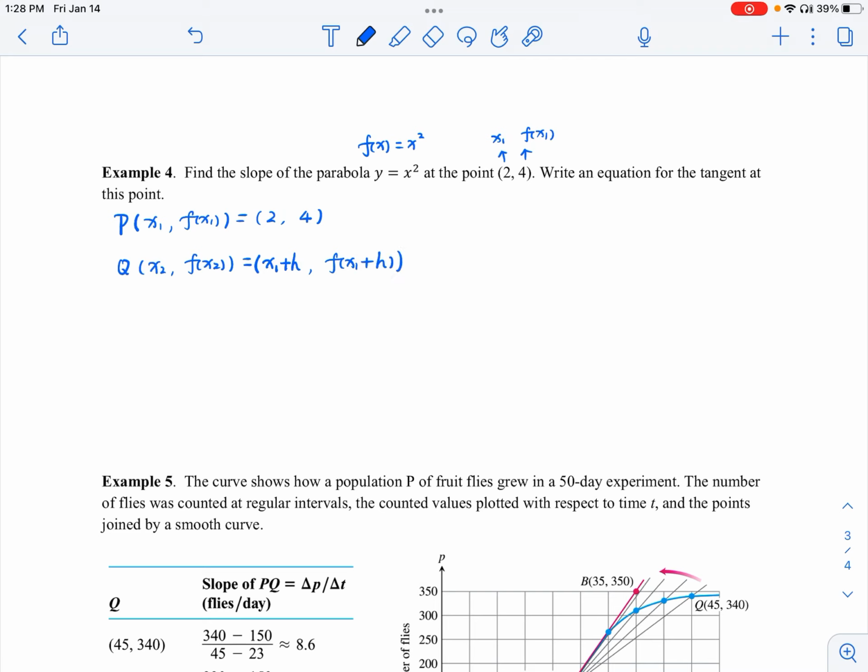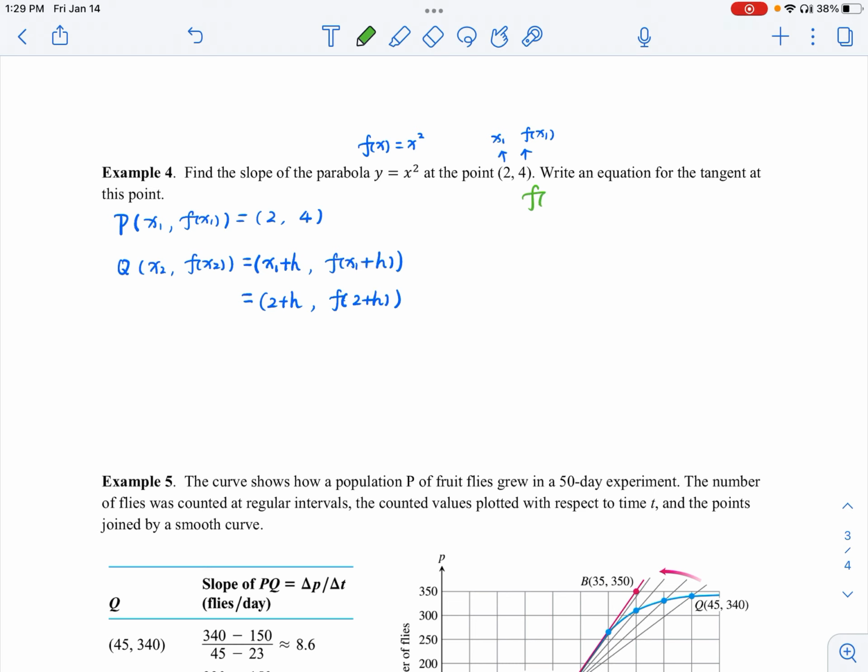What is x1 plus h? That is 2 plus h. So the function should be f(2 plus h). Let's do a little bit of calculation over here. How can we find f(2 plus h)?